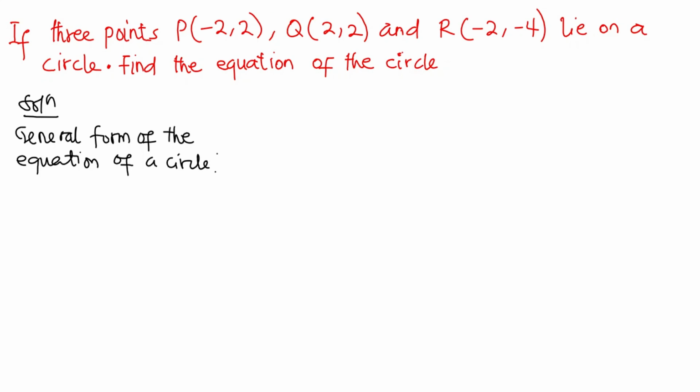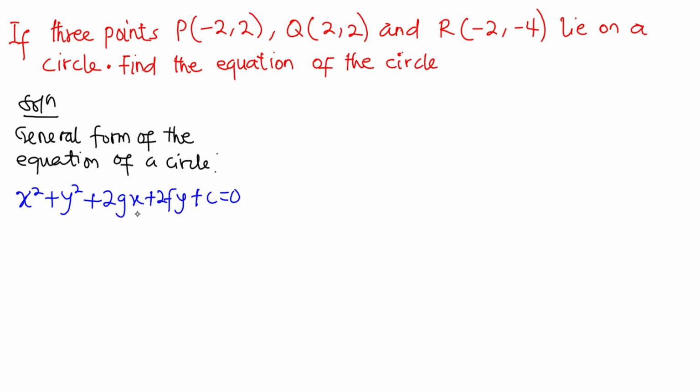That is known to be x squared plus y squared plus 2gx plus 2fy plus c equals 0. So in any general form of the equation of a circle, we could see that there is g, f, and c, but they represent numbers.